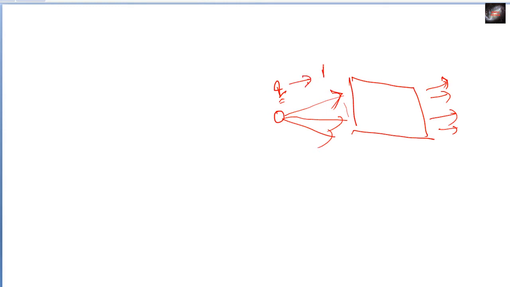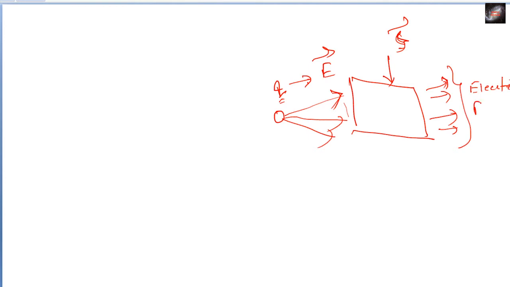This is generating an electric field E and this is entering towards the window S. Then here the amount of electric lines of force entering into the room is known as electric flux.